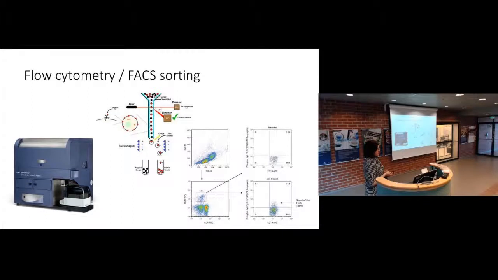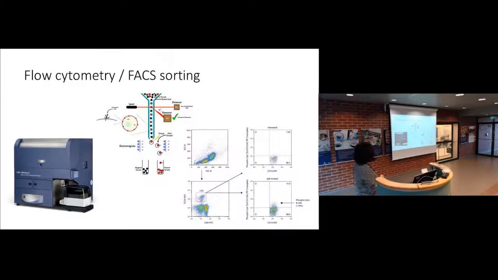One of them is, of course, the good old flow cytometer, which has been used in immunology and blood research and whatever cell research for decades already. In flow cytometry, you can either analyze or even sort the cells.